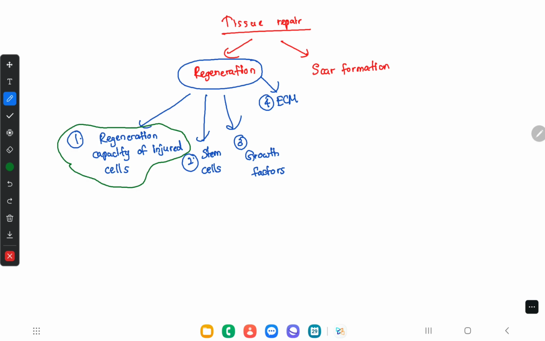According to the regeneration capacity of injured cells, the cells in our body can again be divided into three types: labile cells, stable cells, and permanent cells.